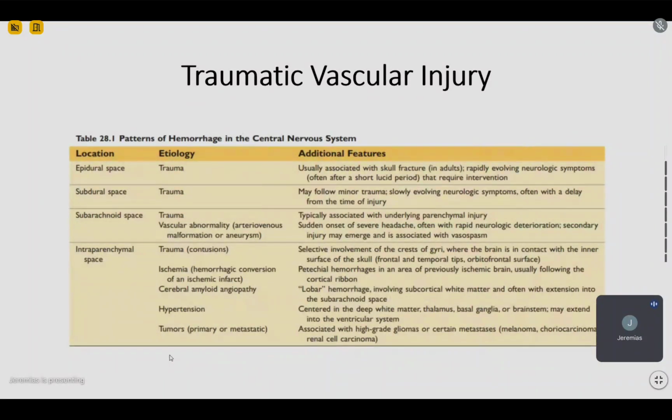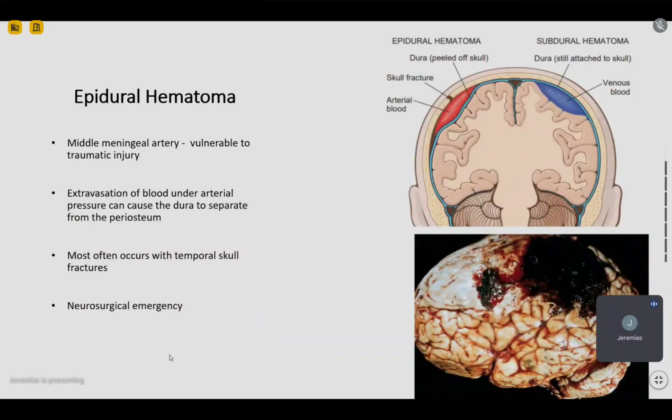So remember, we talked about a brief review of histology and anatomy, and we mentioned the meninges. The reason why there are different types of vascular injuries is the presence of those 3 layers of meninges. Let's start with the epidural hematoma.